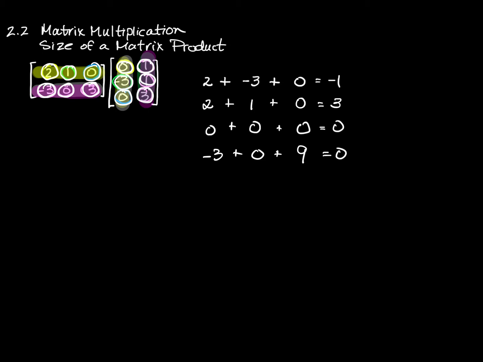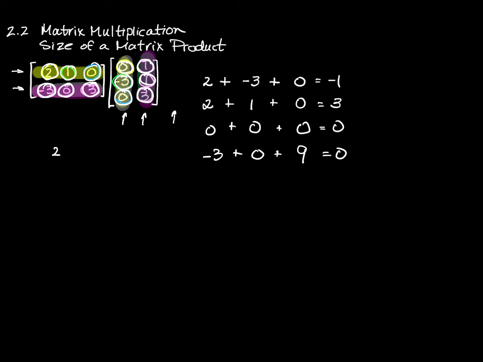I'll go over this process again. This isn't actually the right place for it in the textbook, but I wanted you to see why the first topic in the textbook deals with the size of a matrix. The reason the size of the matrices involved in the product is important is that I only have 2 rows here. So if I had 3 columns, I wouldn't be able to do this multiplication.